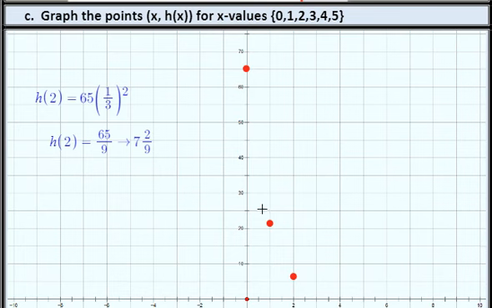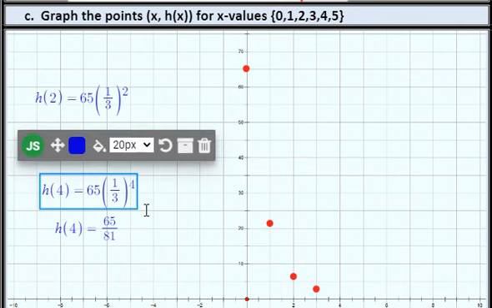Now, 3 regraphed, and that answer was right around 2. So now let's do 4. When I calculate 4, 1/3 to the 4th is really 1 over 81.